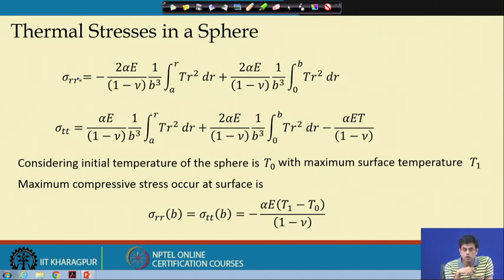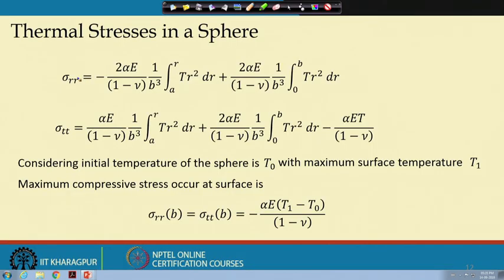Now, suppose we have a sphere which is uniformly heated from T0 to T1. This can be a liquid or anything, meaning heating through a liquid or any external heat source. If the temperature is maintained at T1 degrees, then we can show from this expression that the maximum stress, which is a compressive stress, occurs at the surface.